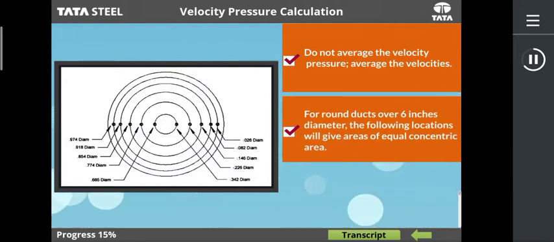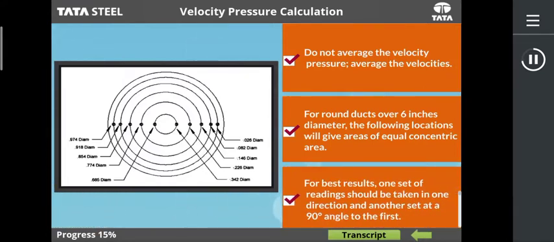For round ducts over 6 inches diameter, the following locations will give areas of equal concentric area as shown in figure. For best results, one set of readings should be taken in one direction and another set at a 90-degree angle to the first.